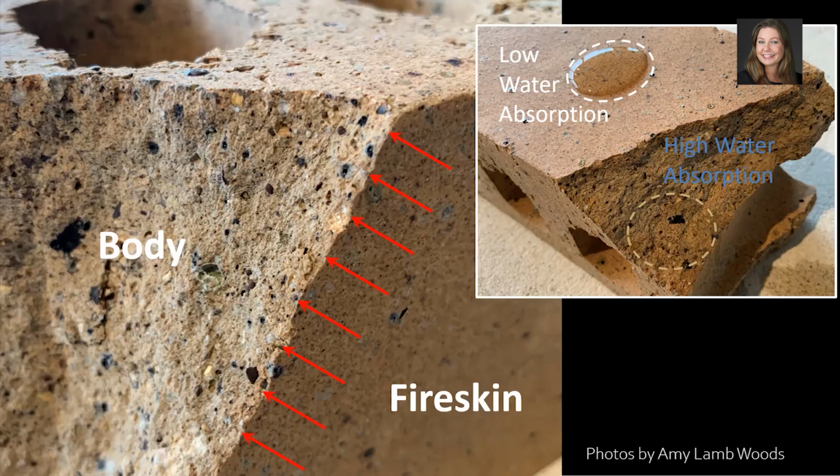That fire skin is slightly more dense than the interior body, which allows it to have lower water absorption in comparison to the interior body, which typically has a little higher water absorption. This means protect that fire skin at all costs because it's the naturally protective part of the building. So no acid washing, no abrasive cleaning, no things that would damage that inherent natural protective skin.